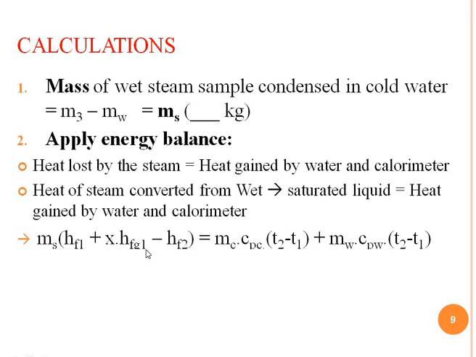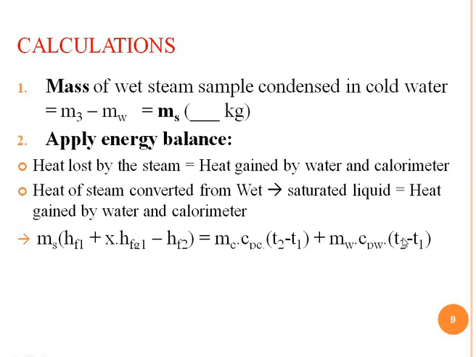HF1 plus x HFG1 indicates the energy of wet steam, and HF2 indicates the energy of saturated liquid. The difference between these two energies is lost by the steam, and it is gained by the water in the form of sensible heat, so there will be a rise in temperature, T2 minus T1.